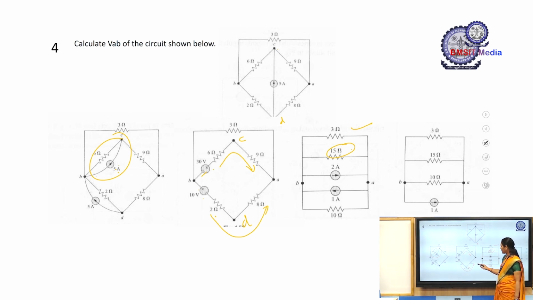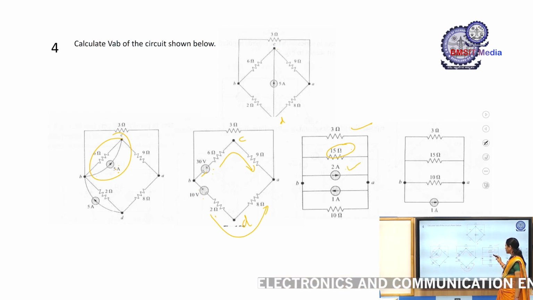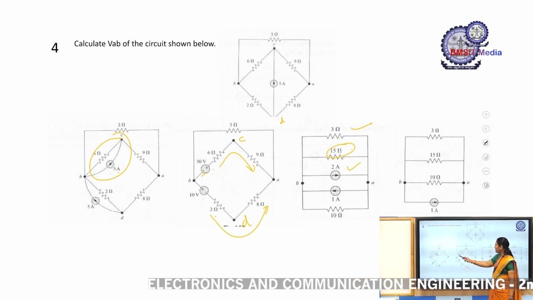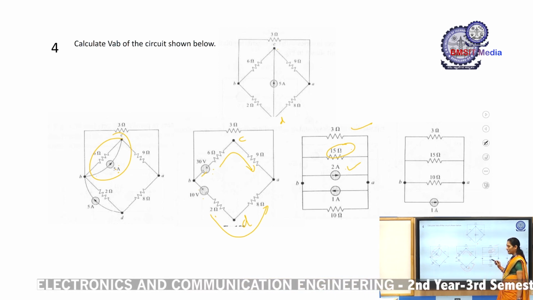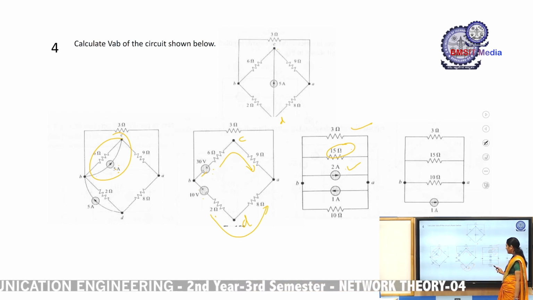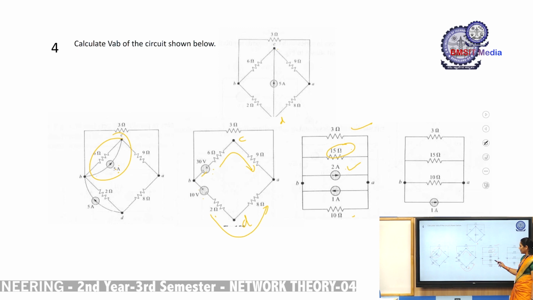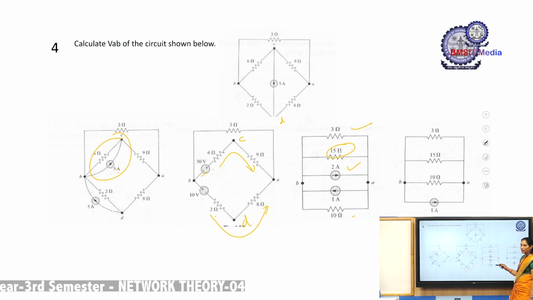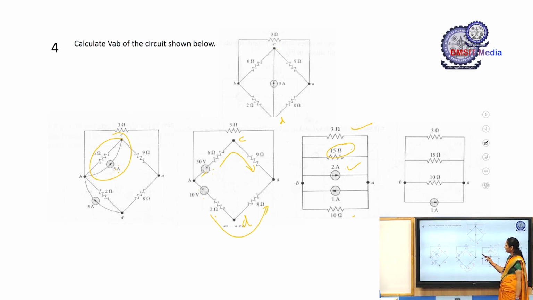After converting into 10 ohms, again transforming the 30 volts and 10 volts voltage sources into current sources: 30 volts with the 15 ohms gives a current source of 2 amps, and 10 volts with the 10 ohms gives a current source of 1 amp.